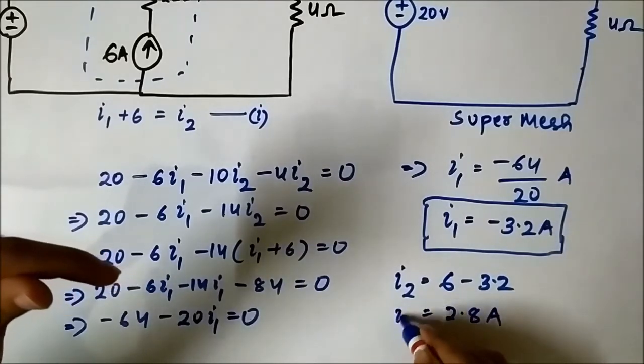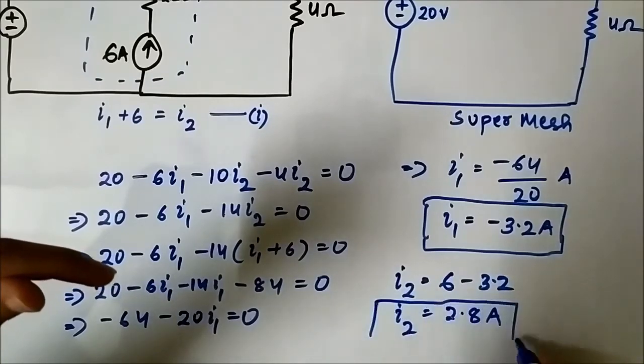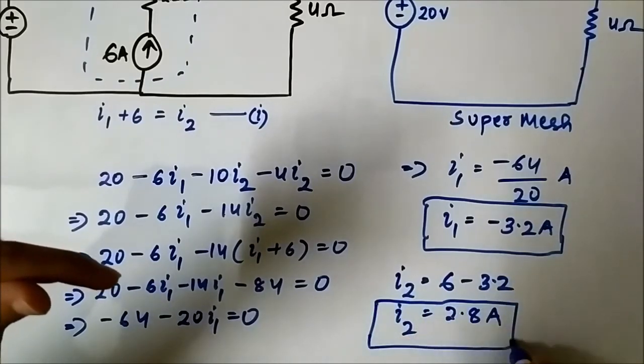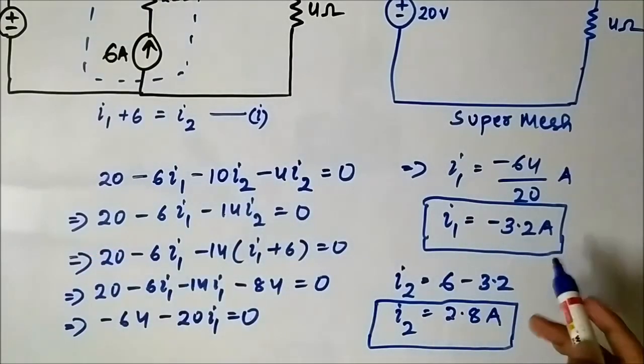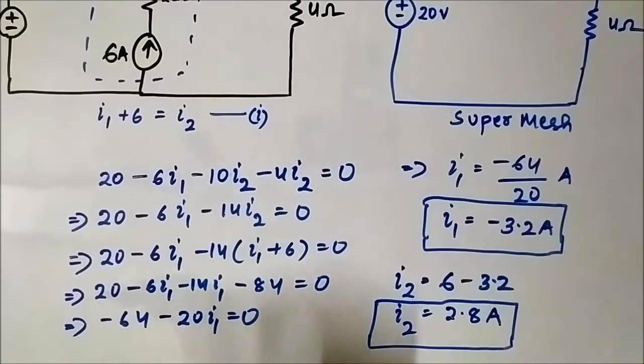So I1 is minus 3.2 ampere and I2 is 2.8 ampere. We have calculated both the current values.